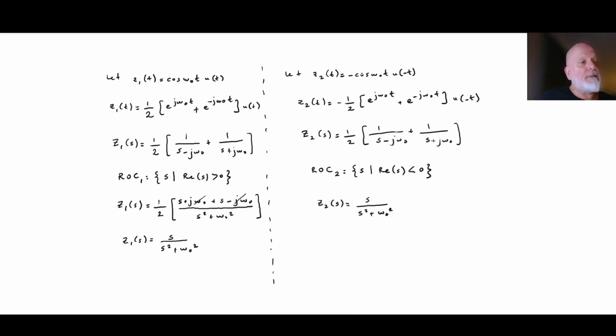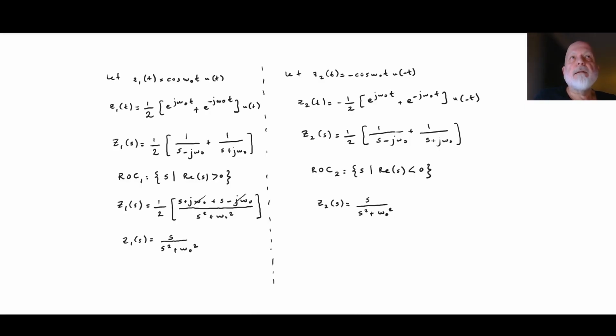It's not possible to calculate the Laplace transform of cosine omega 0 t. So either it has to be cosine omega 0 t u of t, or its left-sided version minus cosine omega 0 t u of minus t, so that we will be able to handle the convergence of the integrals.